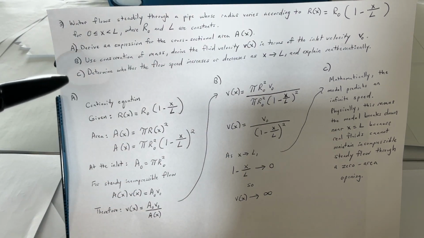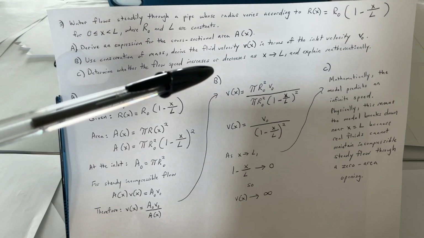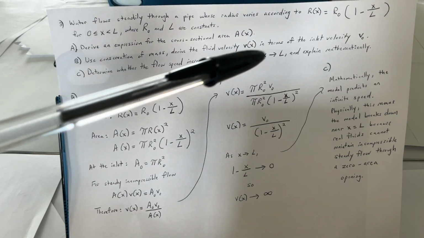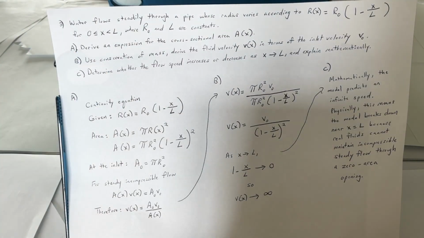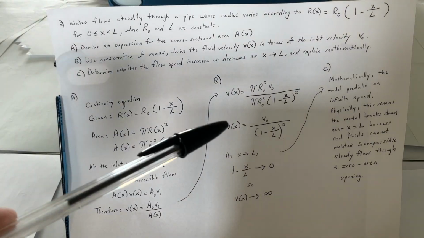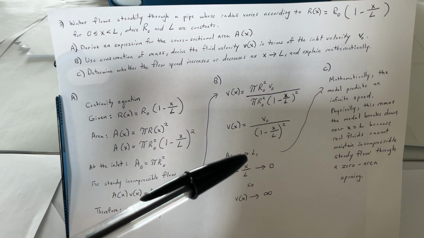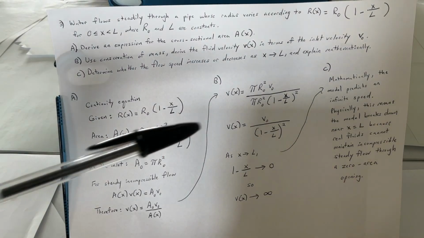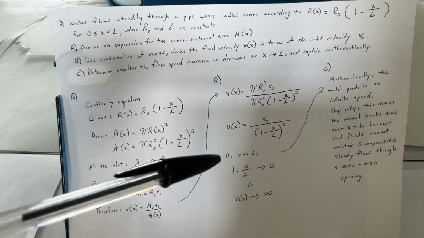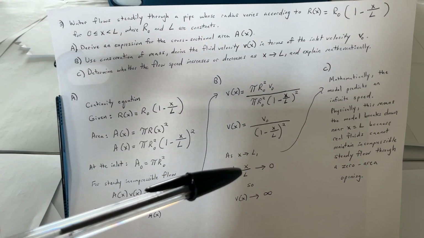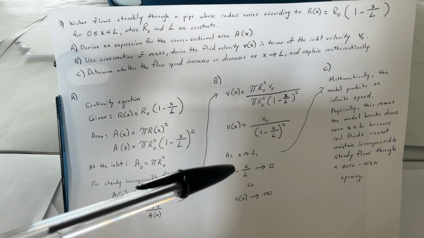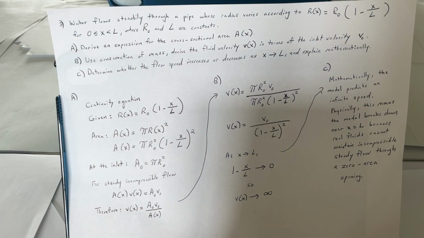Now, for part C, determine whether the flow speed increases or decreases as x approaches L and explain mathematically. So think in terms of limits here. For this function v of x, if we were to have x approach L, think about what would happen here. 1 minus x over L in that denominator would approach 0.